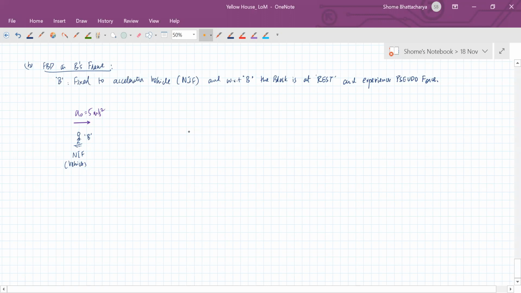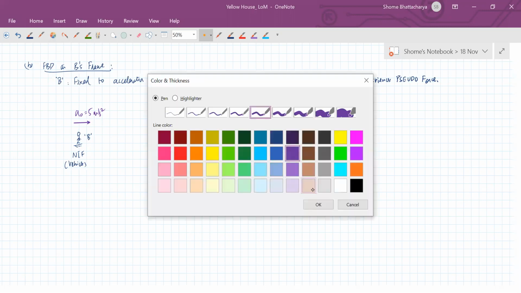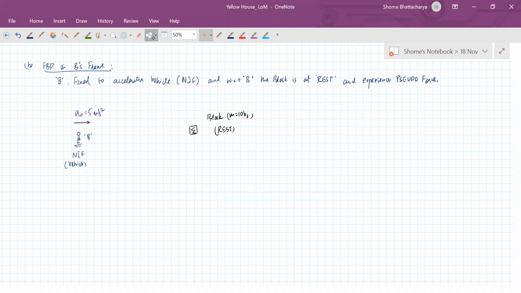So the block being at rest in this reference frame, there's a pseudo force which is actually pushing the block back.